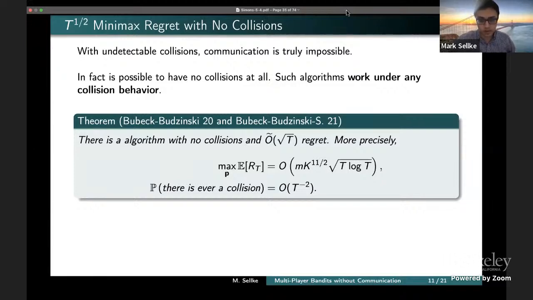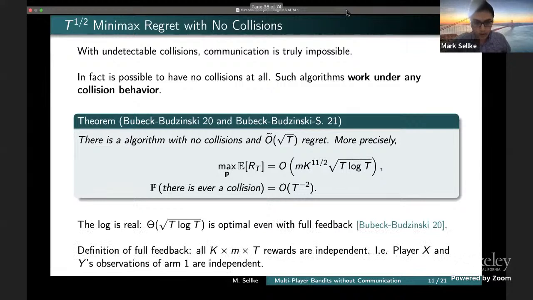What we showed is that you can get regret square root t log t times some polyfactors in the number of actions. And the probability that there's ever a collision is something like O of t to the -2. You can make that -2, -100, it's all fine. In fact, the log is real.